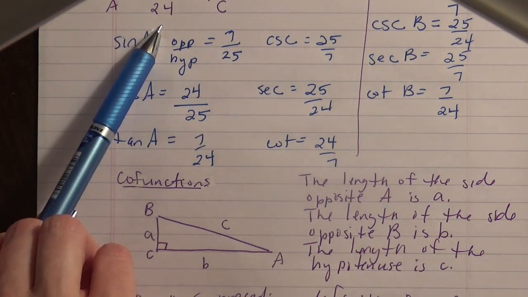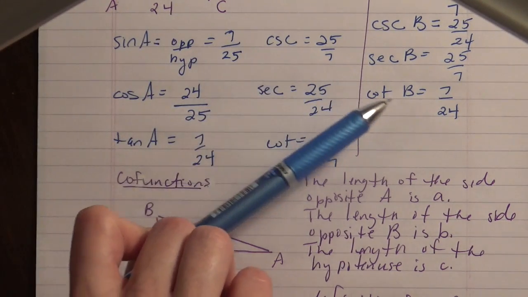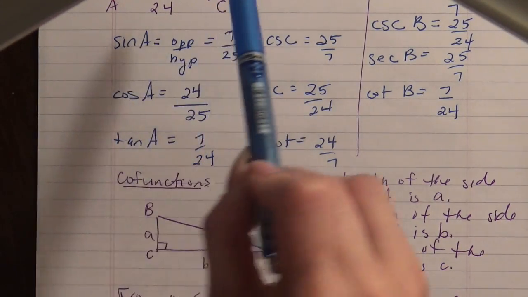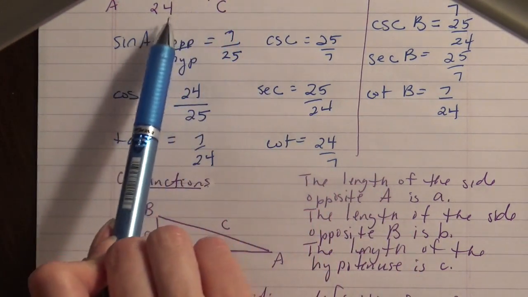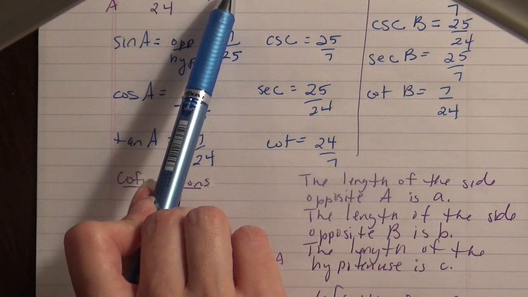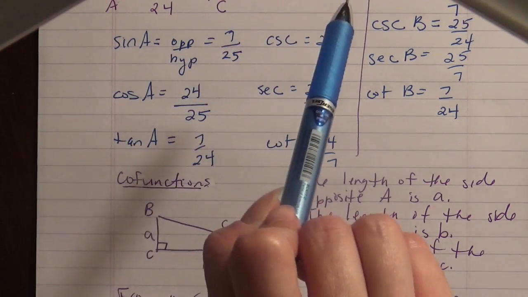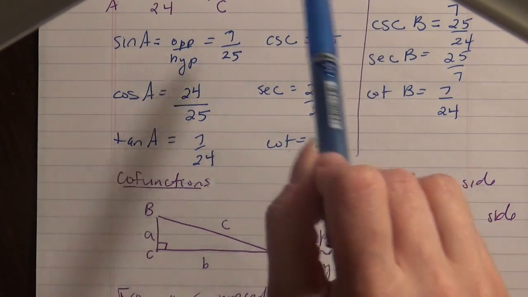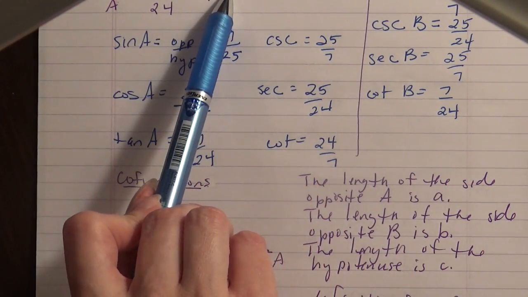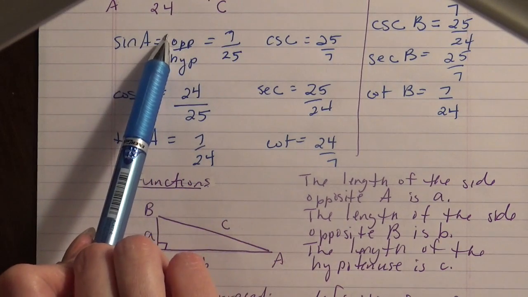And cotangent of angle B was also 7/24. That was starting from here, opposite over adjacent. Cotangent of B was adjacent over opposite, so 7/24.